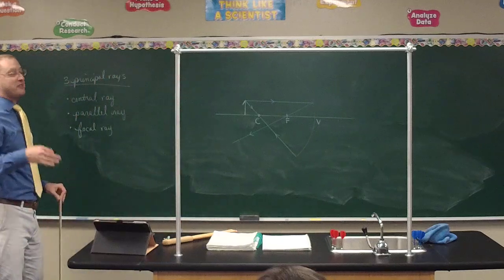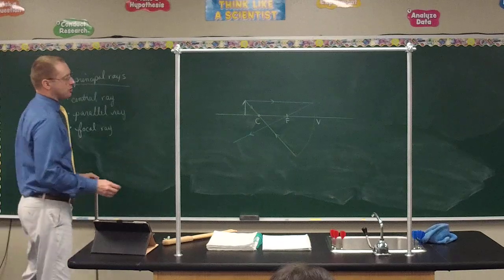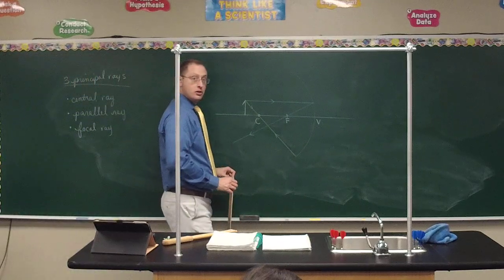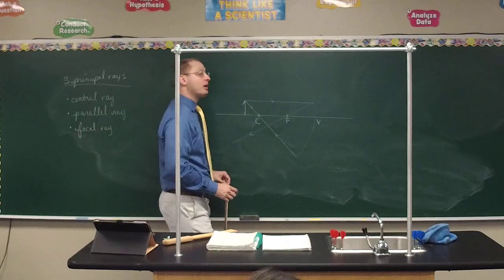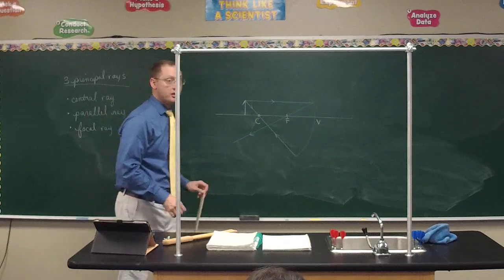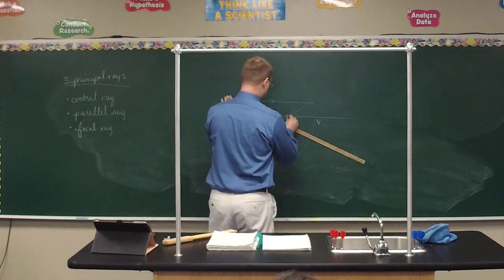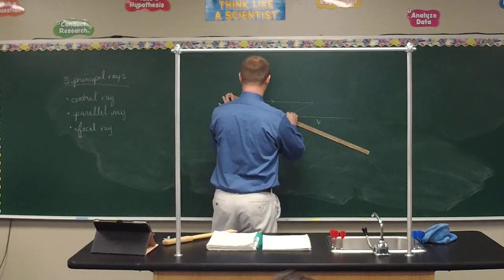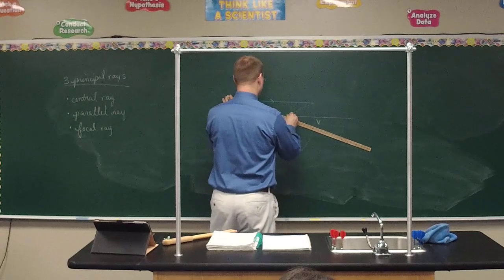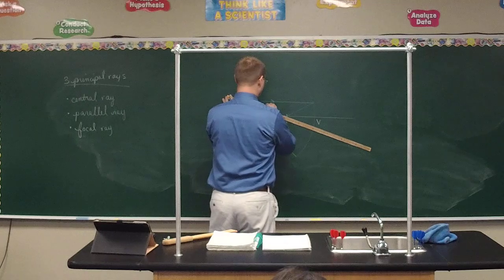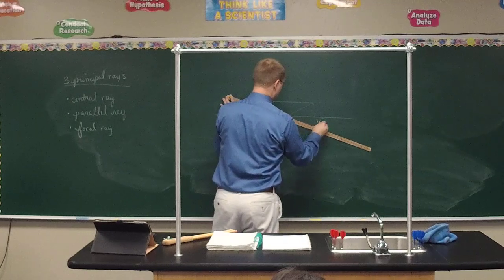Our final ray is the focal ray, class. It's going to start by going through the focal point. And so we'll draw a ray that goes through the focal point.